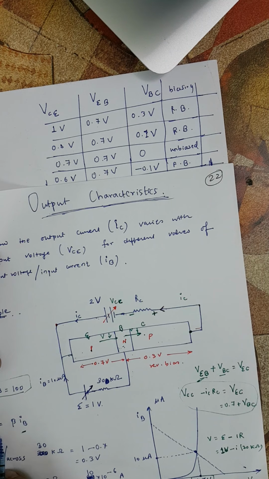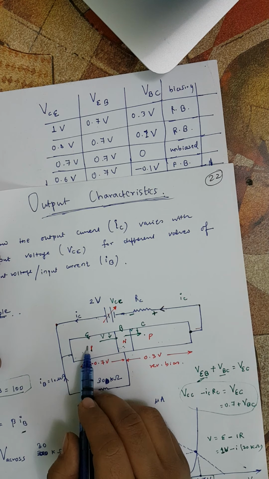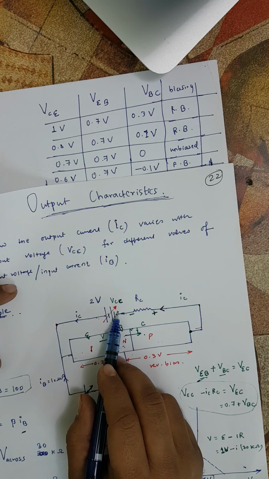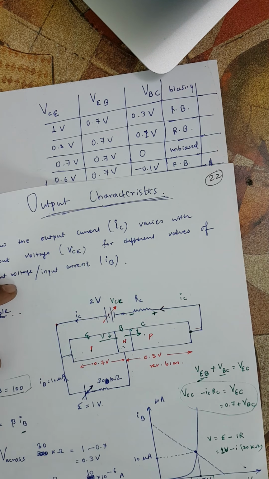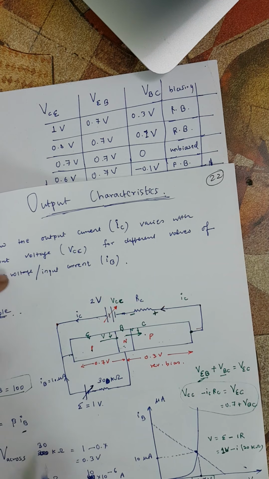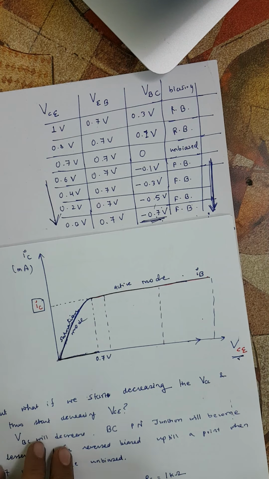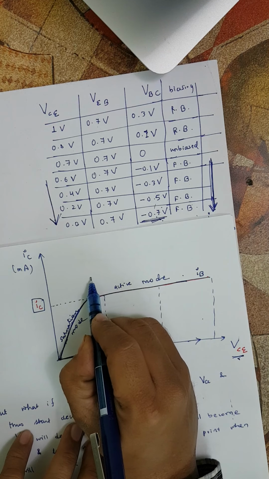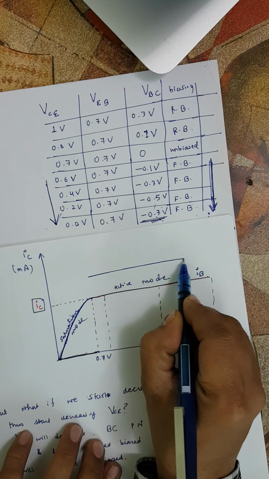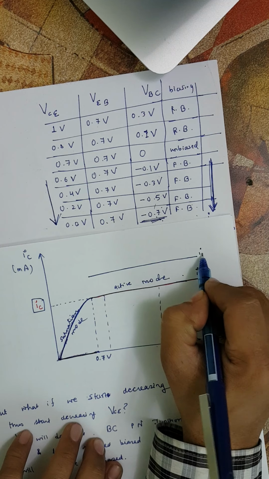and we know that IC is equal to beta IB, so IC will increase. Why IC is increasing is because of the increase in IB. IC is equal to beta IB. So in this active mode, if we increase IB, IC increases. This is how the characteristic will look like for a higher IB.